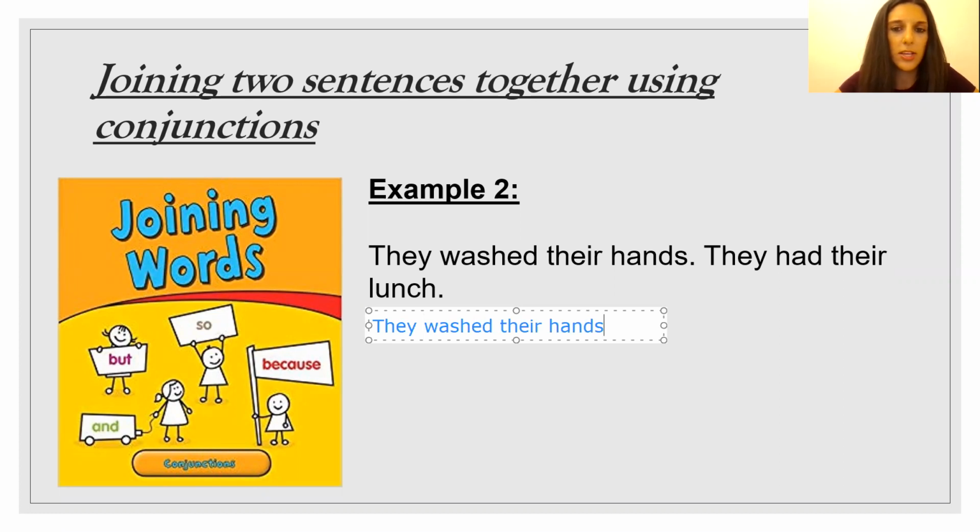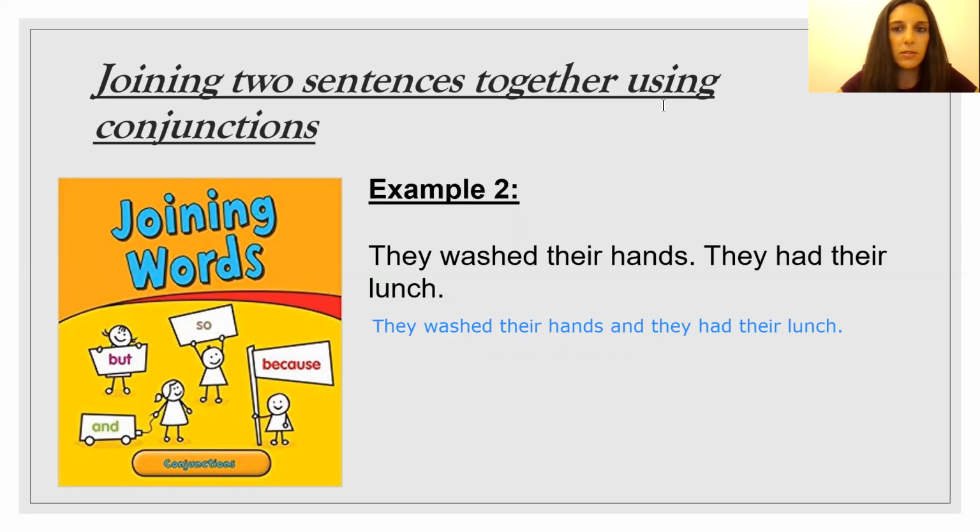They washed their hands, but they had their lunch. They washed their hands, so they had their lunch. They washed their hands because they had their lunch. Not quite right. I'm going to use the one that I think is best. They washed their hands and they had their lunch. And I'm going to make sure I put a full stop at the end of that sentence. Okay, well done.